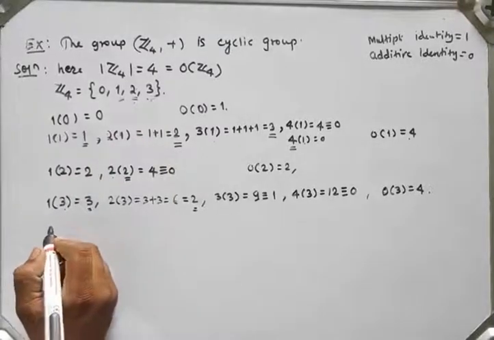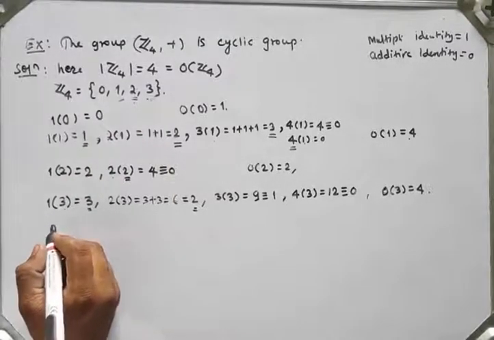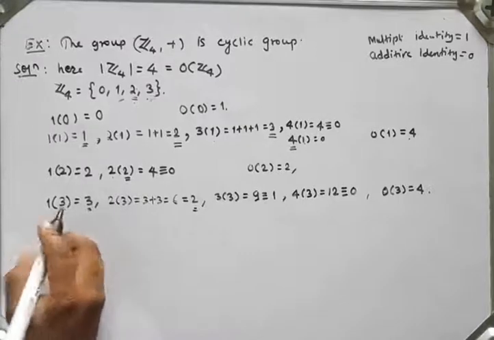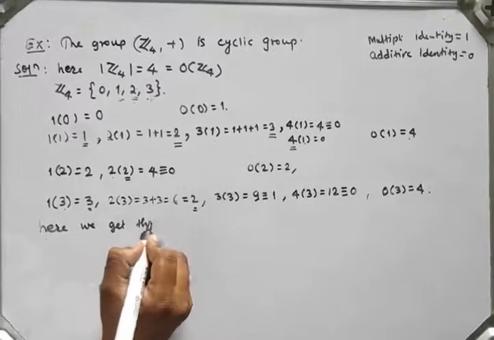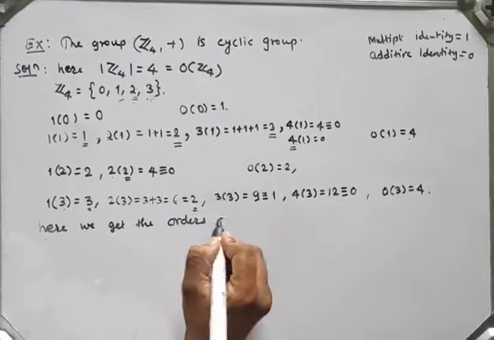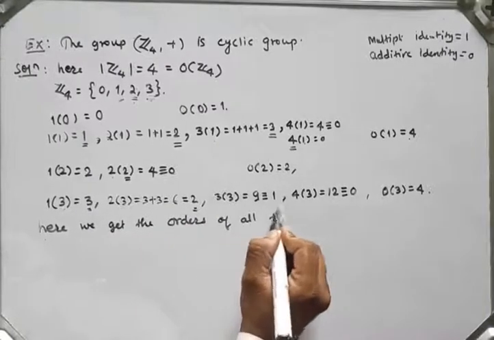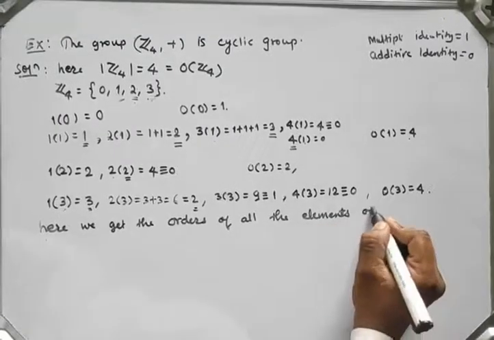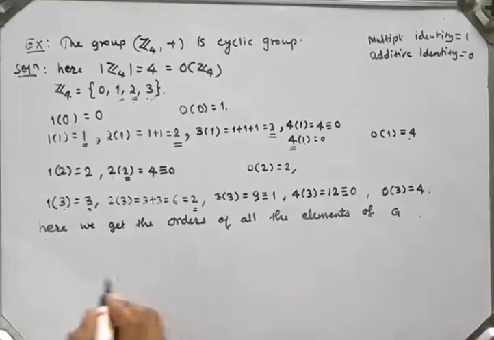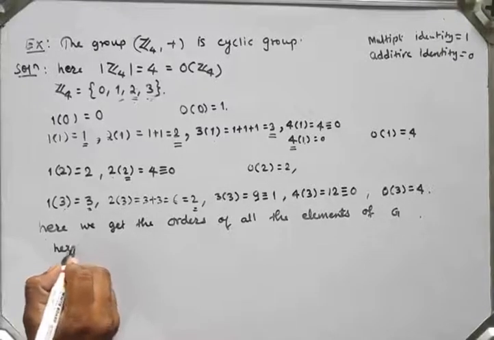Therefore here we get the orders of all the elements of G. Hence, what are the orders?